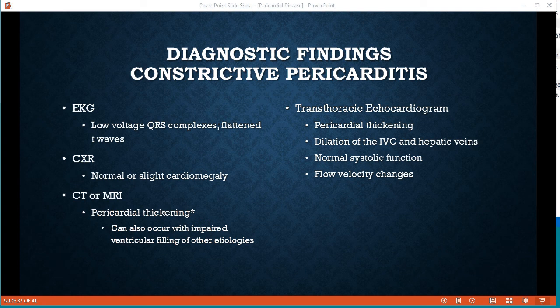And if you remember back to that slide where we had electrical alternans, if you have low voltage, then you're going to see a smaller QRS complex. You may see flattened T waves as well. On chest x-ray, you may not find anything grossly abnormal, although you might see slight cardiomegaly. But on CT scan, and you see that I have this starred, you may see signs of pericardial thickening.